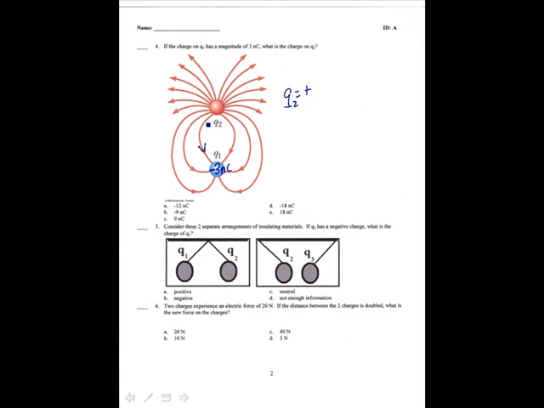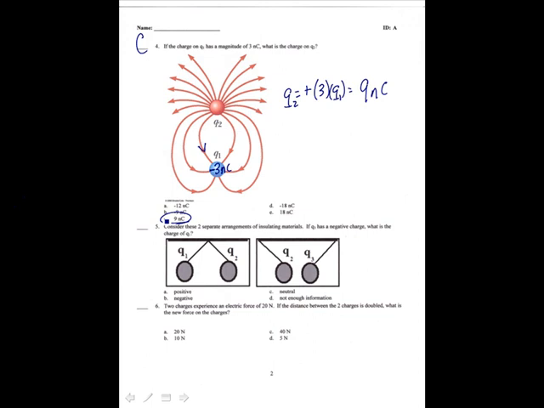There are 6 field lines going into Q1, and there are 3 times as many, 18, coming out of Q2. So that means that Q2 is 3 times Q1, and we've already said it's positive, so that's 3 times 3, which is 9 nanocoulombs. So that answer is C, positive 9 nanocoulombs.